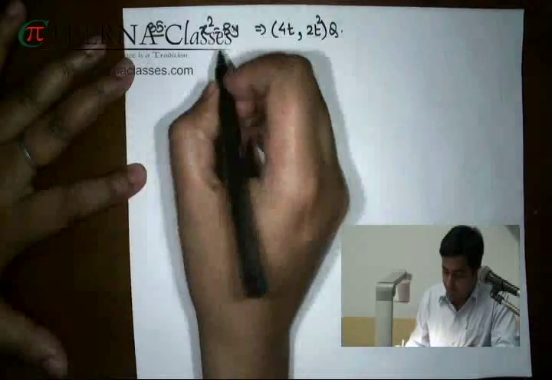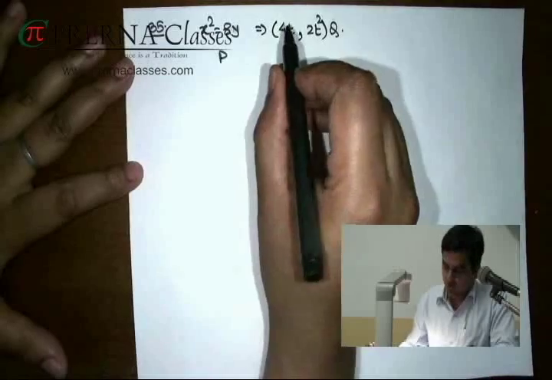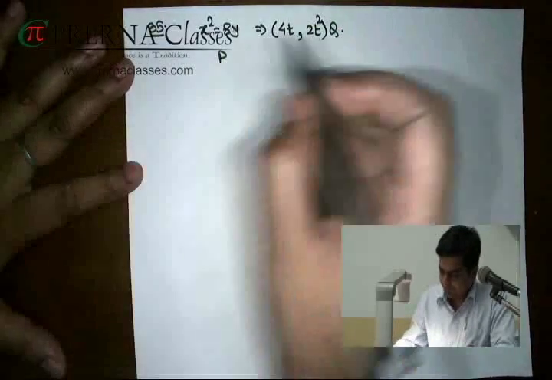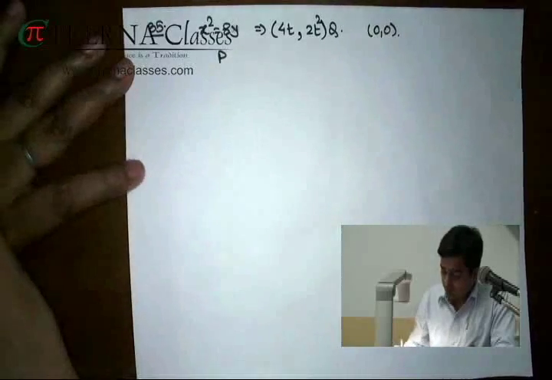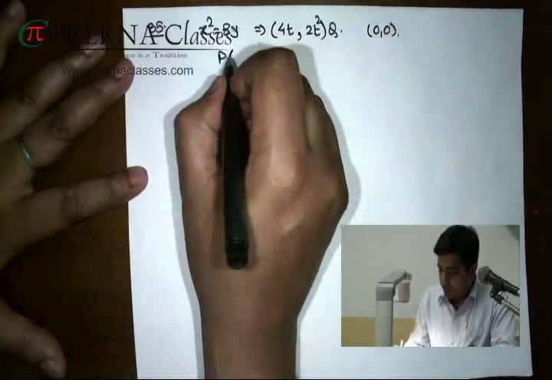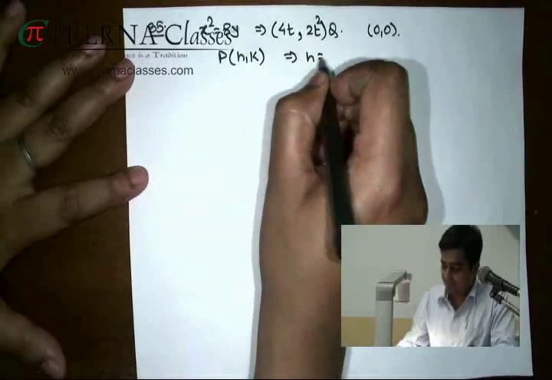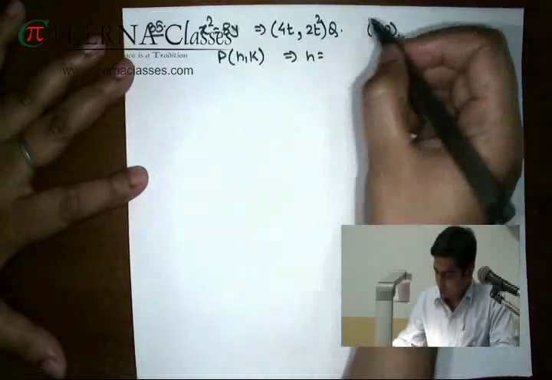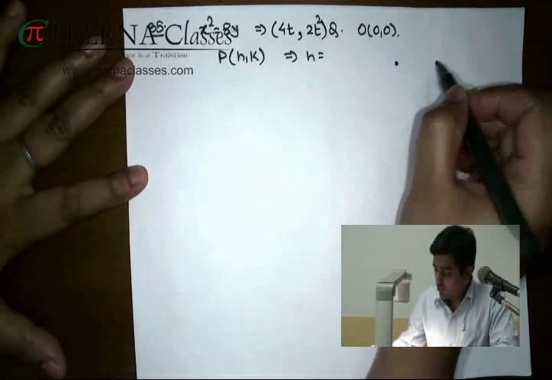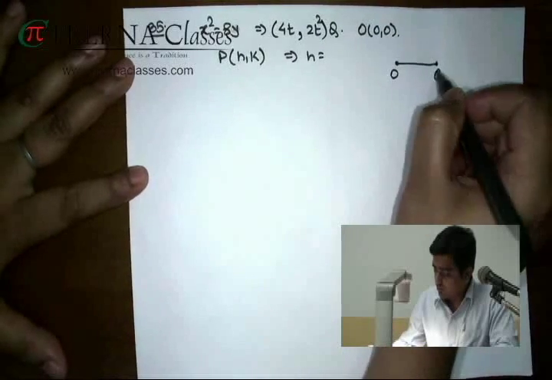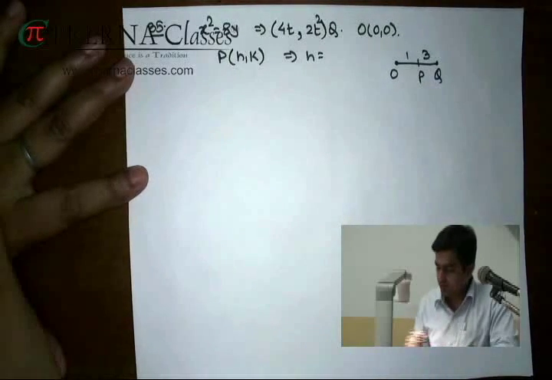And then you have to consider a point P which divides the join of O and Q, where O is the origin, in 1:3 ratio. If I consider the point P as (h, k), clearly you can check, the line joining O and Q has that ratio as 1:3.